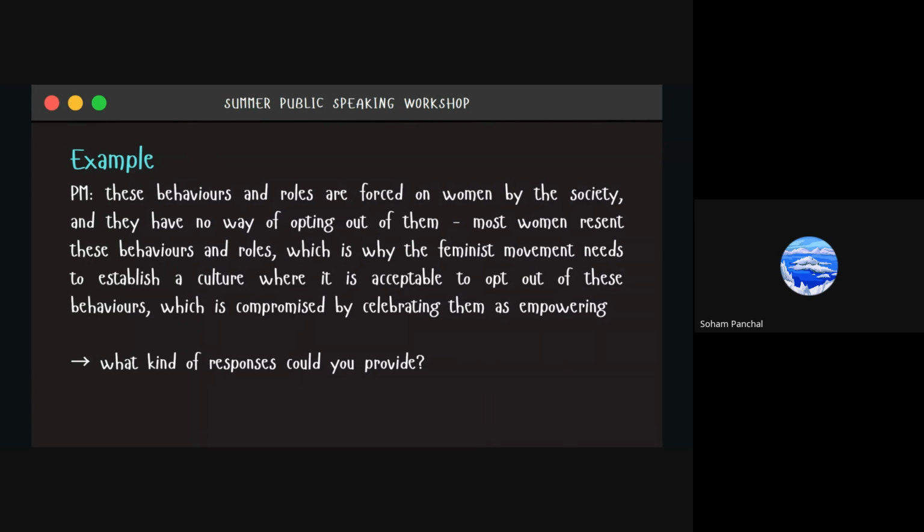Responses in the sense that they need to refute it. Yes. Basically, you have to think of two kinds of responses. One is a contradictory response to this PM speech or PM's argument, and the second is an alternative response to this.